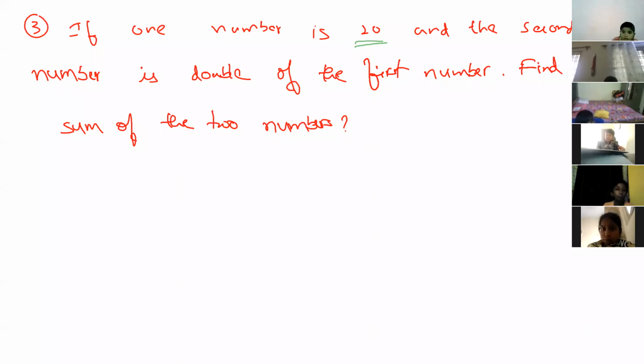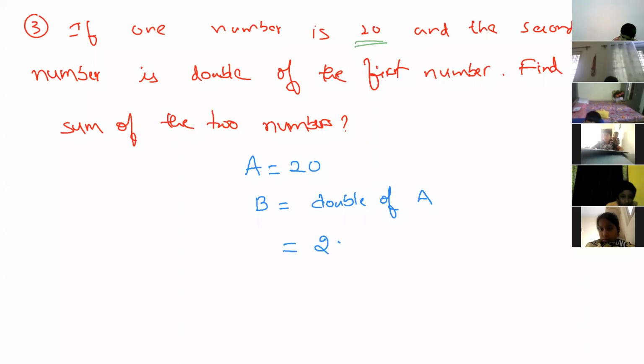Ritvik, unmute yourself. Yes, ma'am. First, we write 20, and the double of 20 is 40. 20 plus 40 is 60. We will do A equals 20, B equals double of A, that is 2 into 20, which is 40.